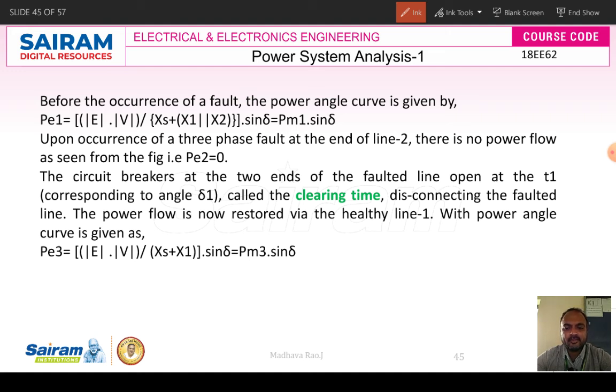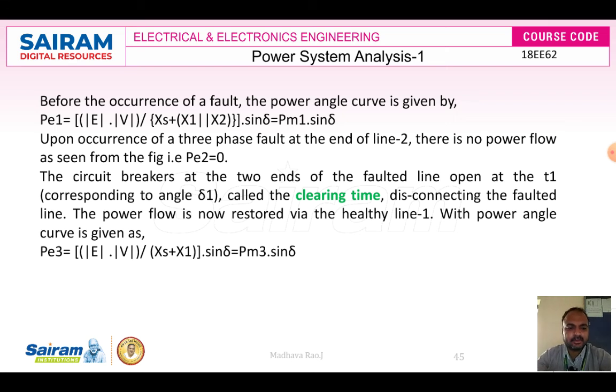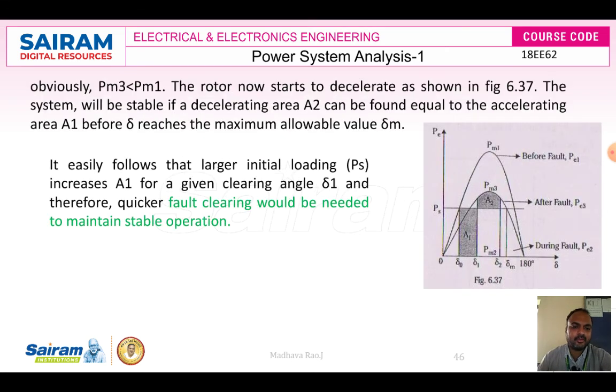So here you get Pm3 sin delta. This is the difference between during fault and after fault.